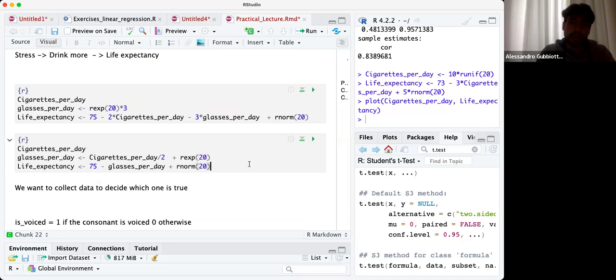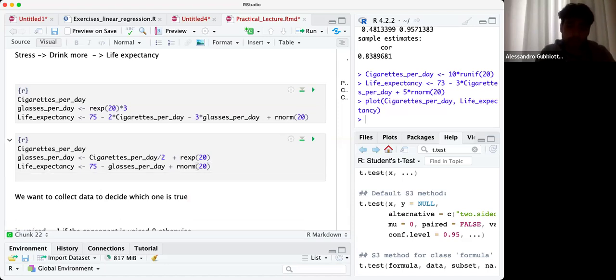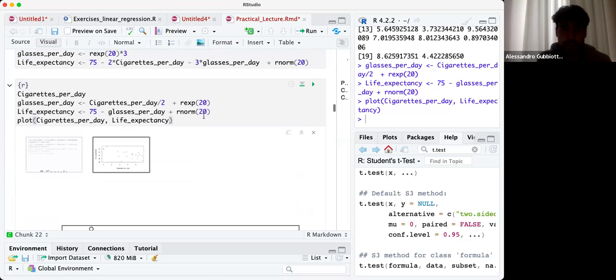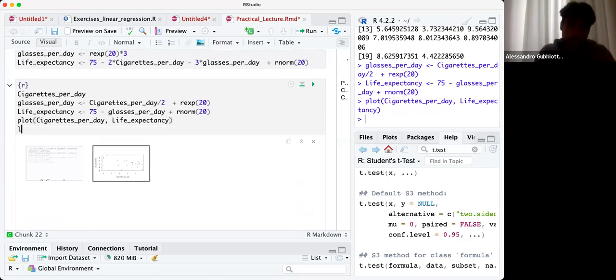In this case there is no direct effect from the cigarettes to the life expectancy, but if we plot the cigarettes per day and the life expectancy, we should still see some correlation. So let's see if it is sufficient to claim that it is significant.